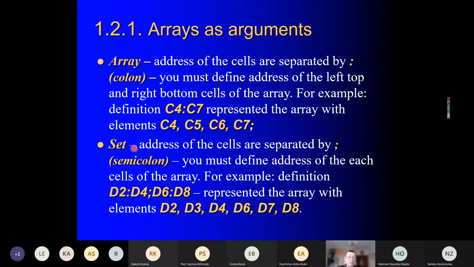And we can combine arrays from multiple sets, which we usually separate with a semicolon. In this example, you see two small arrays combined in a set with a semicolon.